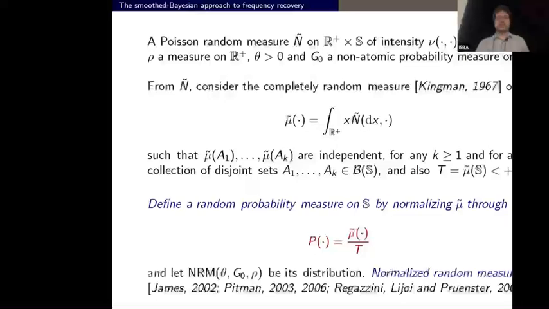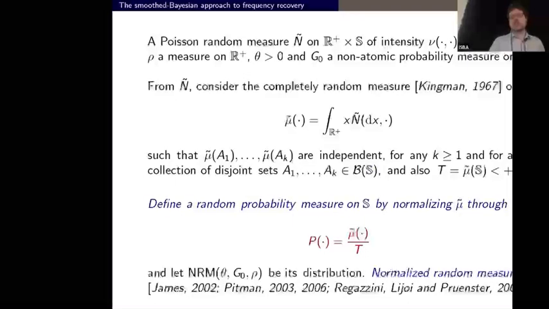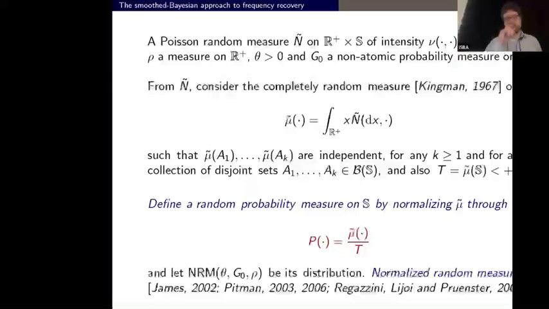Okay, so that's the tool that I'm going to use. It has been useful in this context. It's a completely random measure. We know everything on completely random measures. So I consider a Poisson random measure. It's important that it's homogeneous. I mean the intensity can be factorized into something that controls the distribution of the jumps and something that controls the location, G0, which must be non-atomic, and theta is a positive parameter.